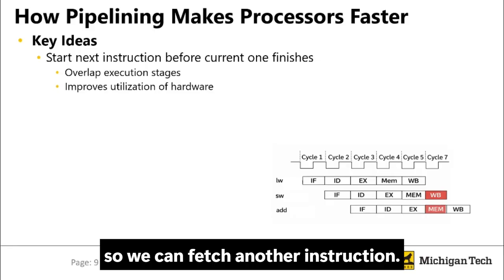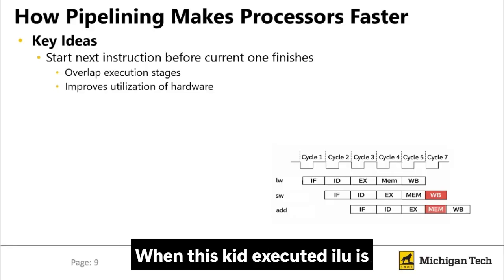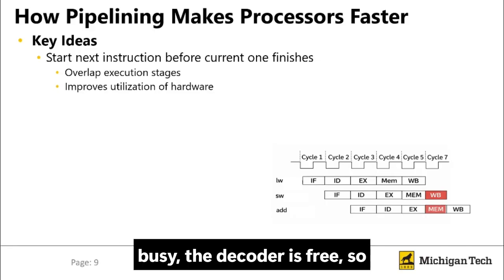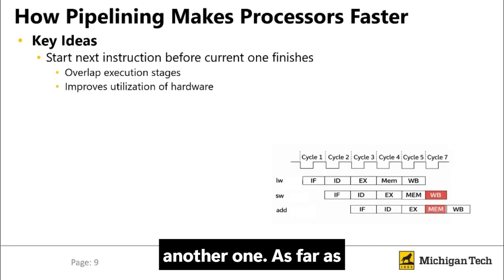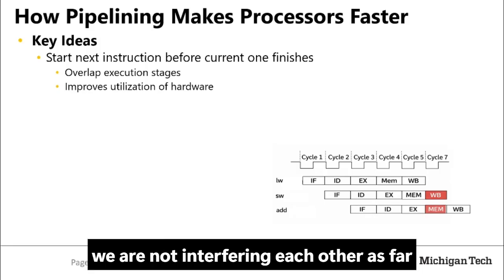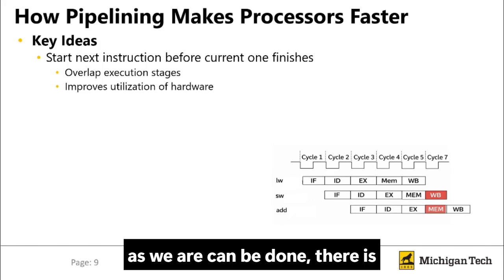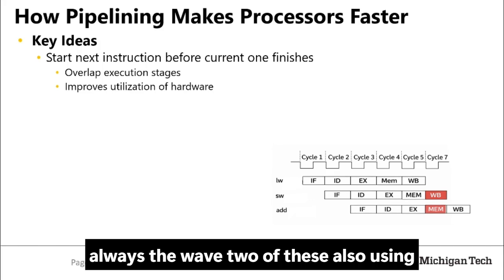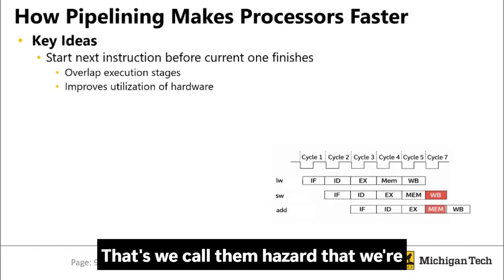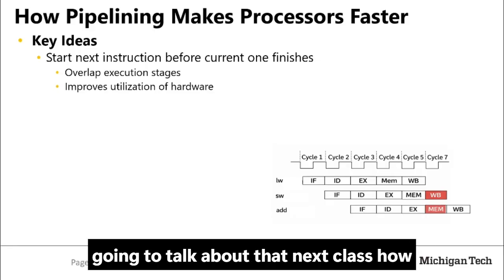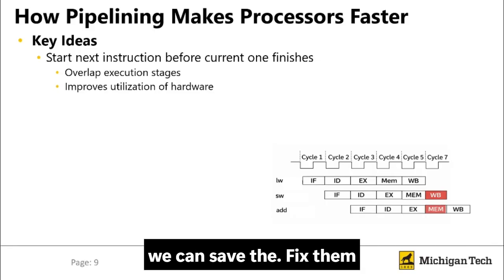When this gets executed, the ALU is busy, but the decoder is free, so we can decode this and fetch another one. As long as we are not interfering with each other, it can be done. If two of these use the same resource, we call that a hazard. We're going to talk about that next class, how we can fix them and go through.